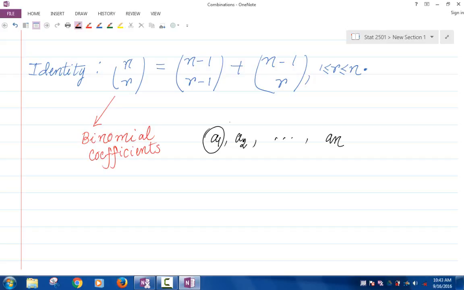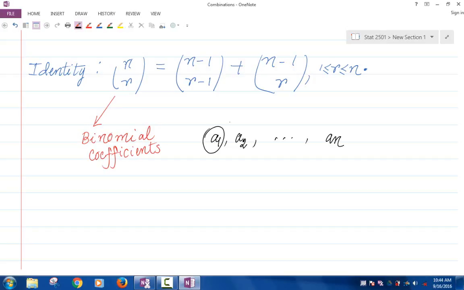How many more do I need to pick? r minus 1, right? I'm trying to pick subgroups of size r. If I already picked A1, I need r minus 1 more. And r minus 1 from how many? From the remaining n minus 1. So I have n minus 1 choose r minus 1, which is the number of subgroups of size r that contain A1. Okay?